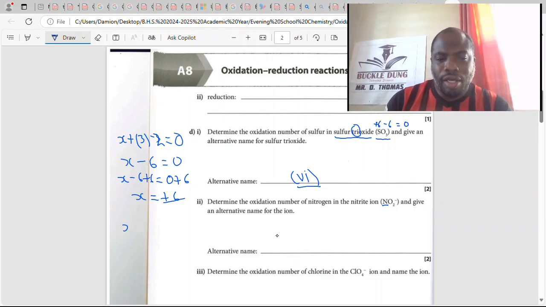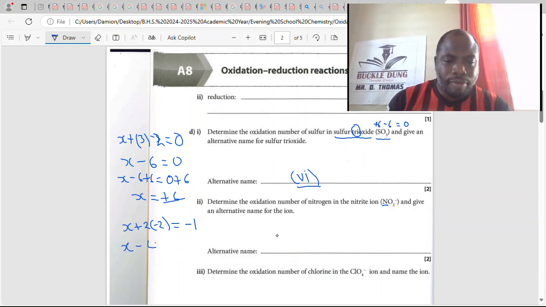So we're going to call the nitrogen X. The sum of them, we know oxygen is a -2 and we have two of them. And when we add them, it should equal the charge, which is -1. So we end up with that.